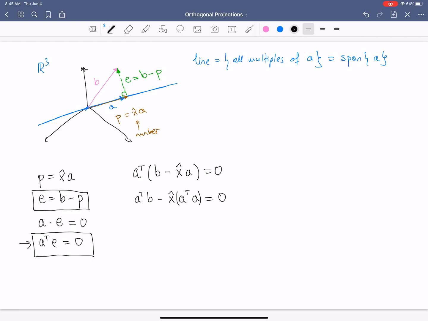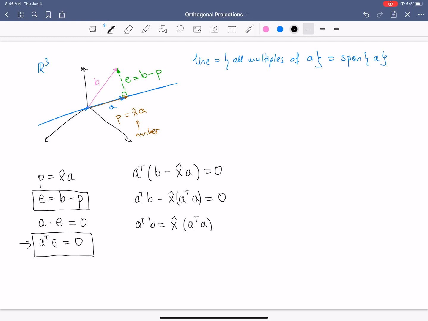Now, because we're dealing with vectors, A transpose B represents the dot product. It's just a number, and this is just a number too. So I can take things on either side, and what I have is A transpose B equals x hat A transpose A.